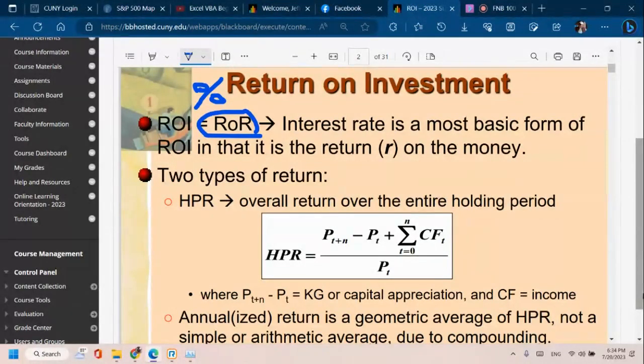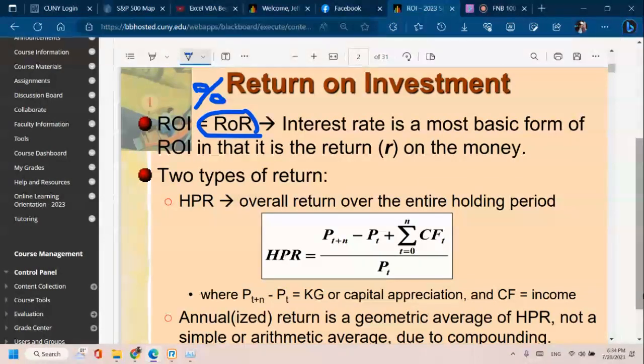When you deposit money in the bank, the interest you get on your deposit is called the borrowing rate. You might wonder, why is it the borrowing rate? I'm not borrowing, I'm lending. Yes, you're not borrowing, but the bank is borrowing. So from the bank's perspective, it's their borrowing rate.